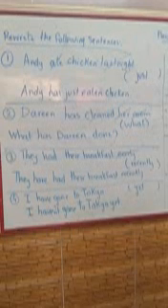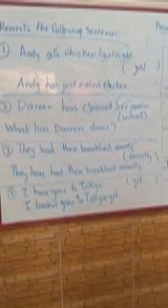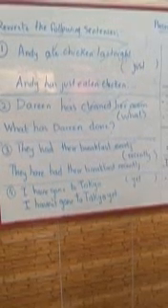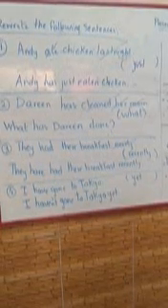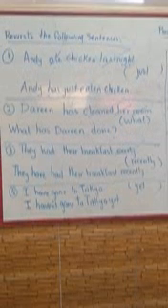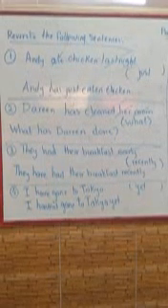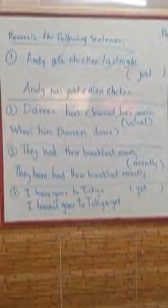Now let's see some examples, and here we have rewrite the following sentences. Number one, I have Andy ate chicken last night. This sentence is in the past simple. Then you are asked to use just. Just is in the present perfect, so we are going to use has and the past participle of the verb.